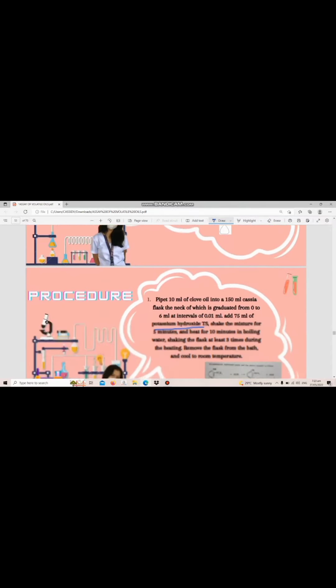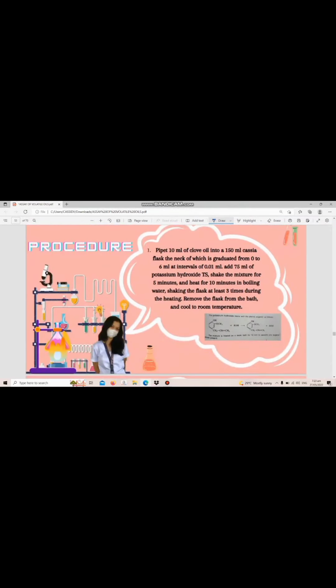For the procedure of this assay, we have a 150 ml Kasha flask, the neck of which is graduated from 0 to 6 ml at intervals of 0.01 ml. Pipette 10 ml of clove oil, then add 75 ml of potassium hydroxide TS, then shake the mixture for 5 minutes and heat it for 10 minutes in boiling water, shaking the flask at least 3 times during the heating.